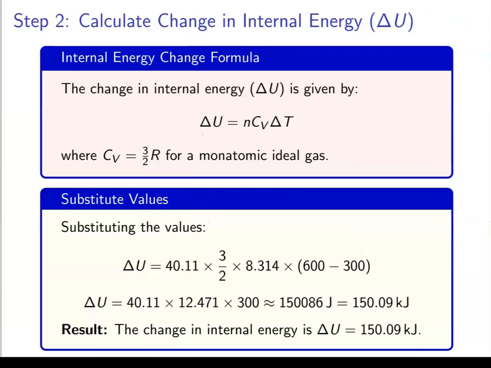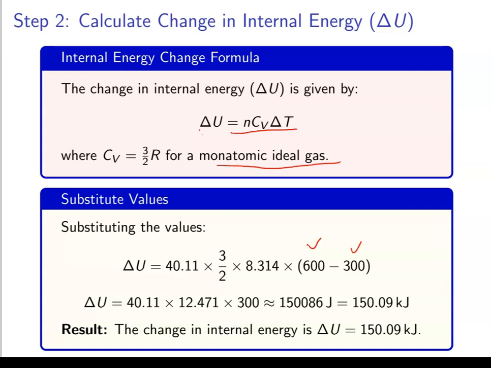Next, calculate the change in internal energy del U. The change in internal energy del U is given by del U is equal to N Cv delta T, where Cv is equal to 3 by 2 R for a monoatomic ideal gas. Substituting the values, del U is equal to 40.11 into 3 by 2 into 8.314 into 600 minus 300, means T2 minus T1.